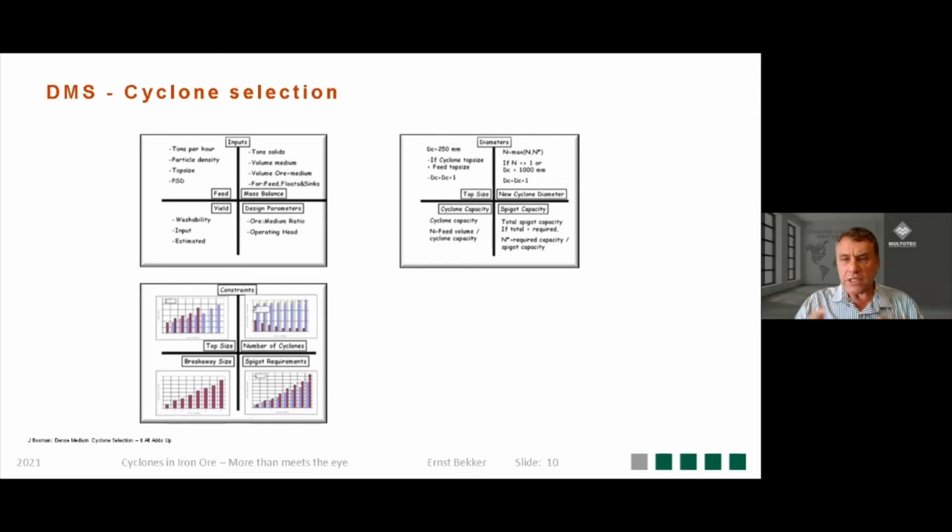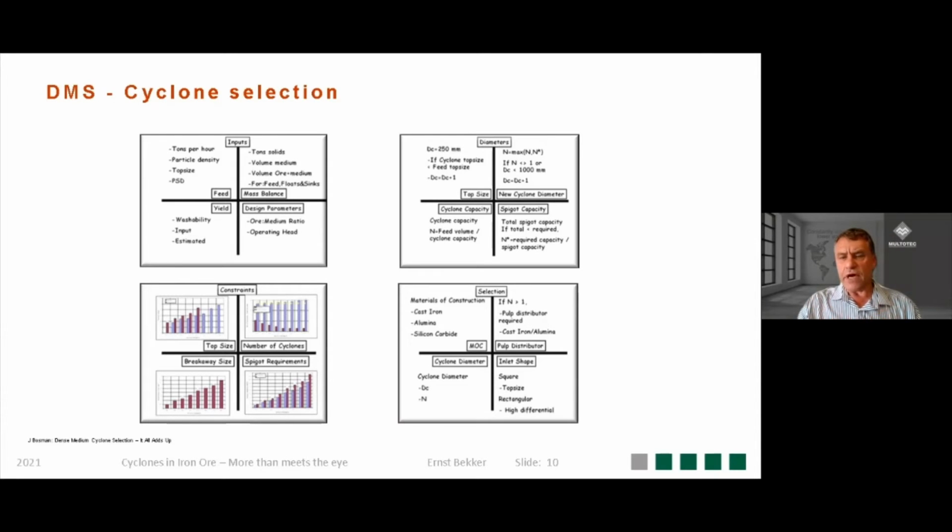You then decide on what cyclone diameter to select, looking at the cyclone capacity, the spigot capacity, and finally do your selection, looking at the material of construction. We do have a range of material constructions, and you need to then adjust to the circumstances or to the requirement and decide what is going to be the best selection for the client.